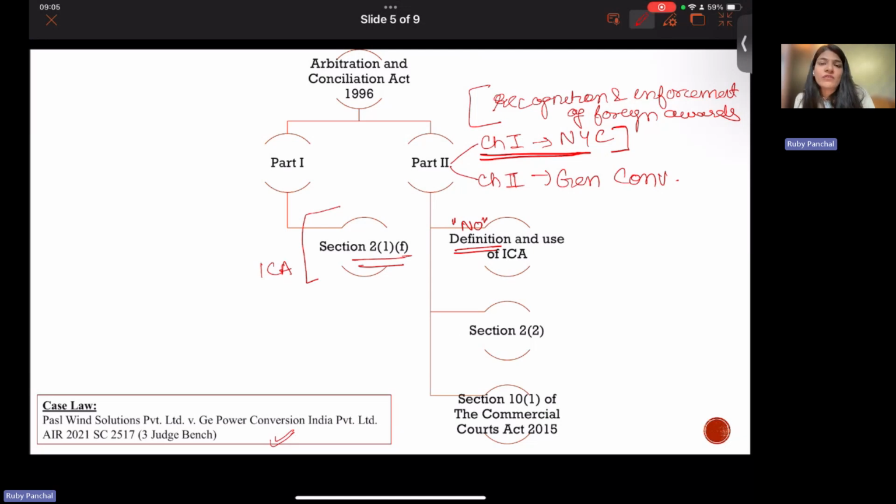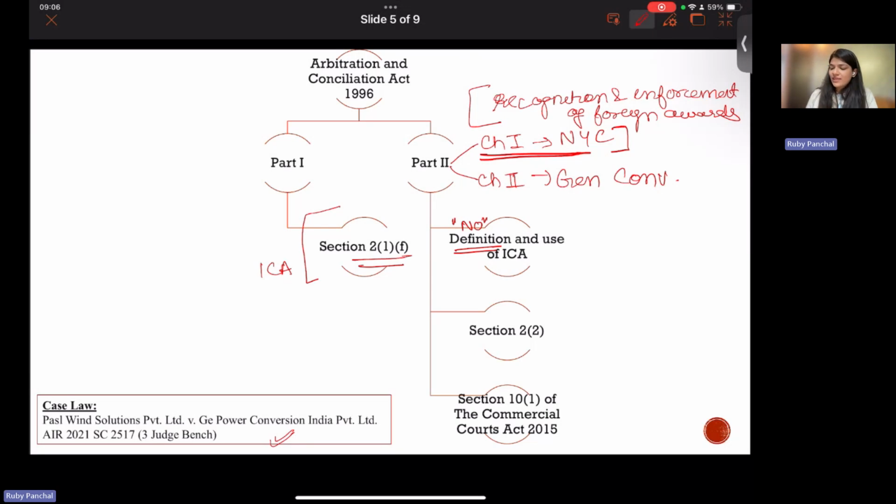Why is this important for us? Had there been a phrase international commercial arbitration, then perhaps there would have been a necessity to look at the definition clause. Now hold on to that explanation because we will come back to it in a second.